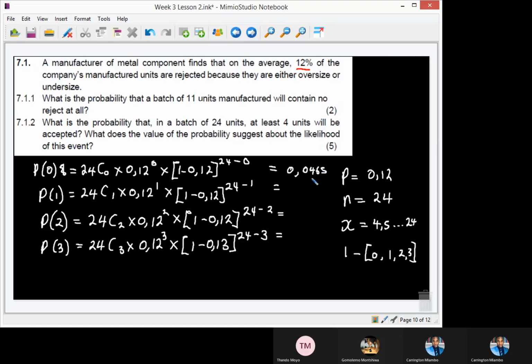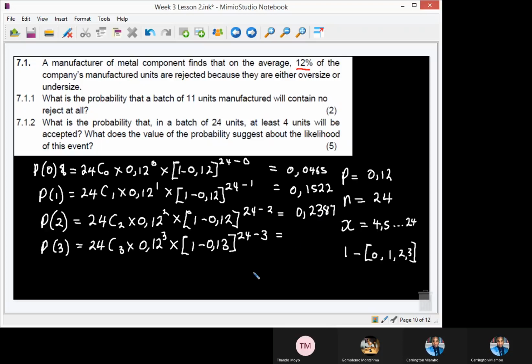Right, 0.0465. Then now it's 1: 0.1522. Then now it's 2: 0.2387.